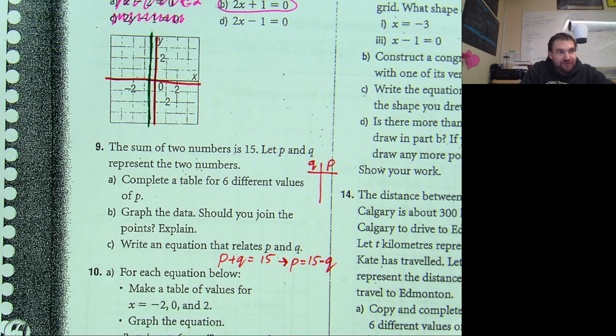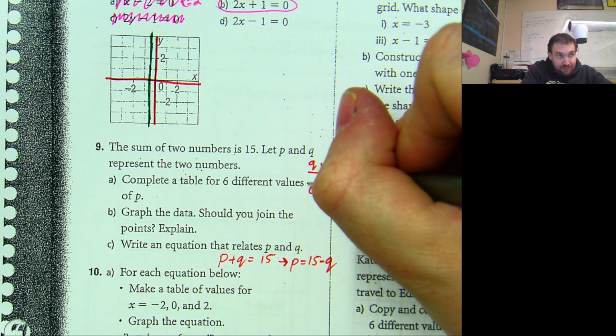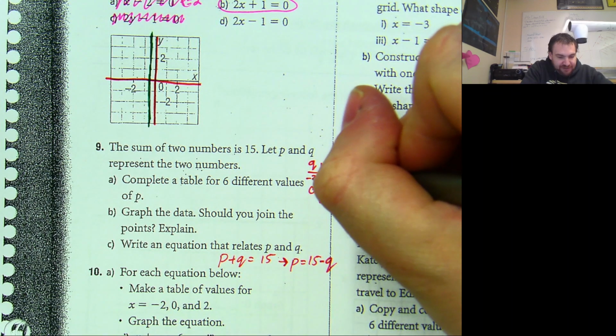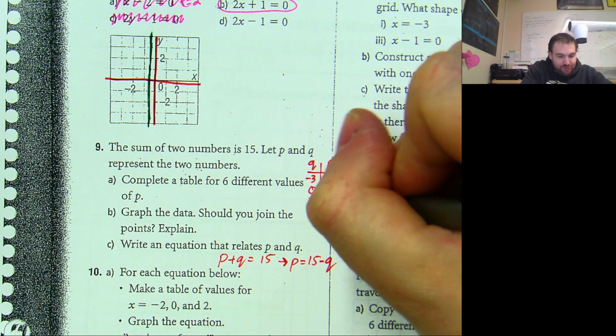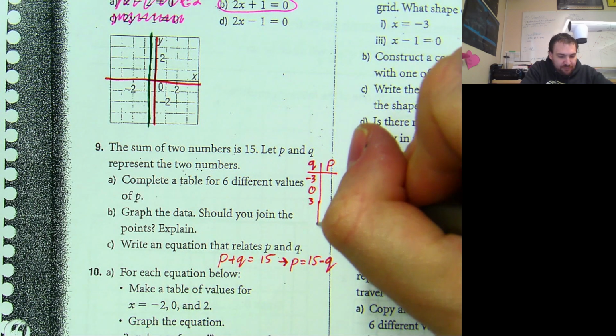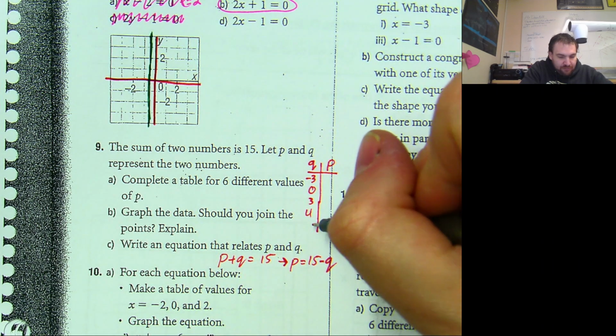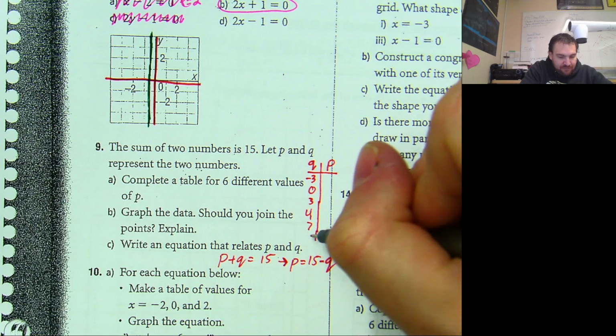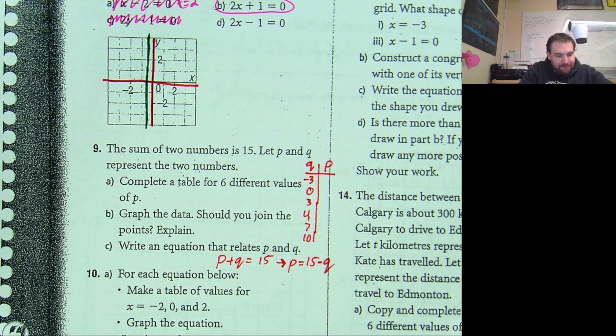Kyla, go. 6 numbers off the top of your head. 0. Sure, negative 3 works. Do positive 3. 4. 7. And sure. Okay. So if those are my values for Q, what are my P values?